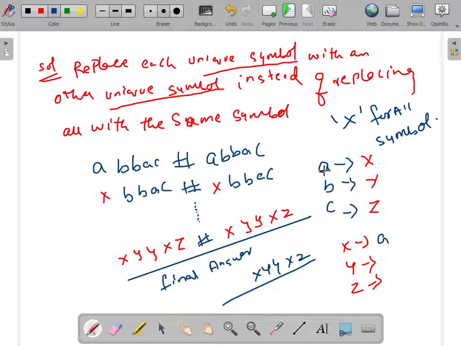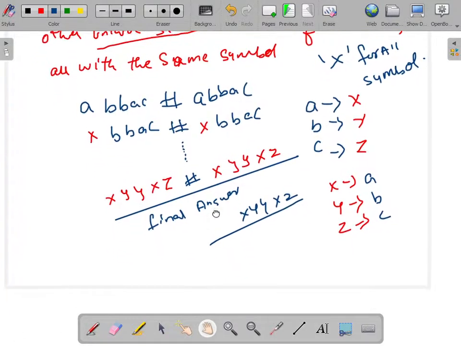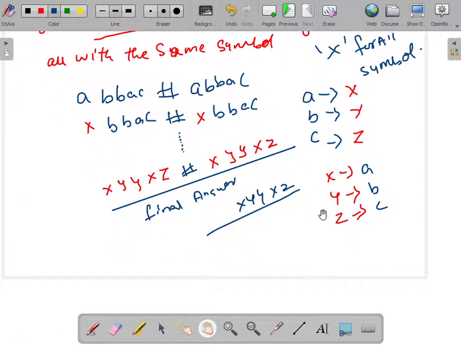We already defined it: A, B, and C. So if you change this, then you will get the original text. Without losing the original text, we got the solution.